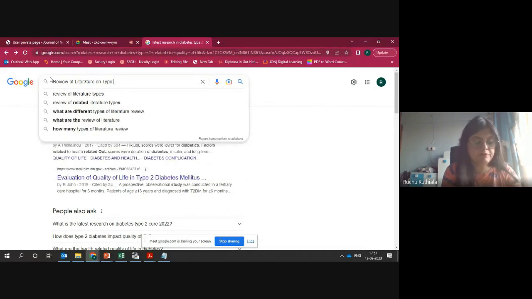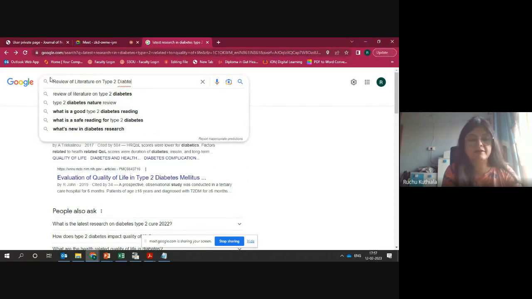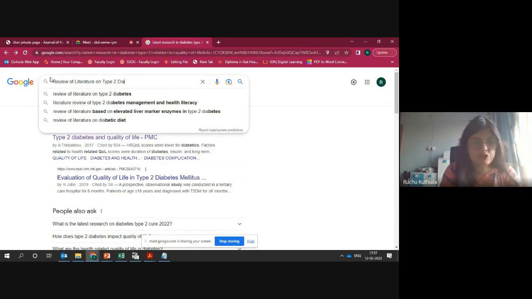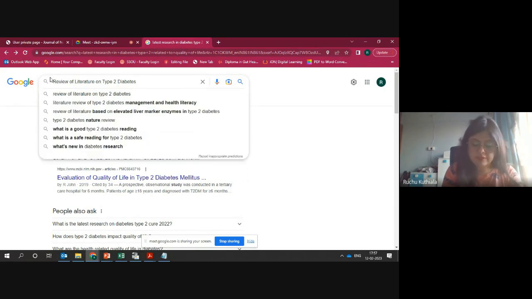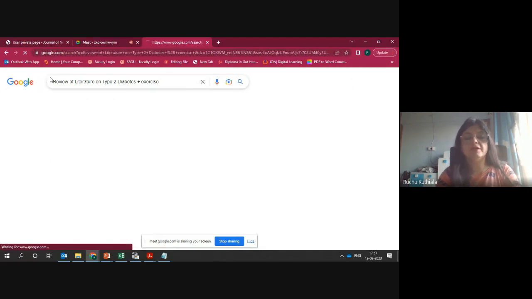on type 2 diabetes, but in which you want to see the review. Let's say suppose I want to see on exercise. I'm not sure, I feel that diabetic people never do exercise. They are not doing it.